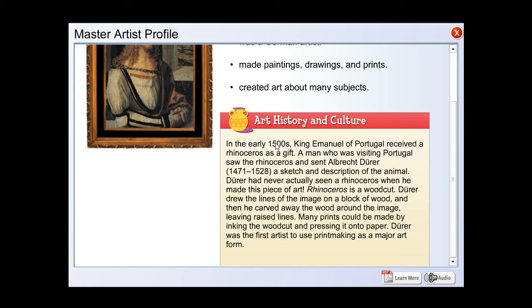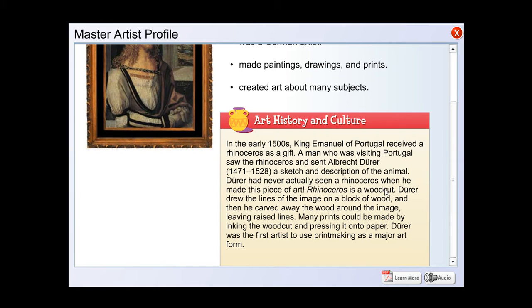In the early 1500s, King Emmanuel of Portugal received a rhinoceros as a gift. A man who was visiting Portugal saw the rhinoceros and sent Albrecht Dürer a sketch and a description of the animal. Dürer had never actually seen a rhinoceros when he made this piece of art.